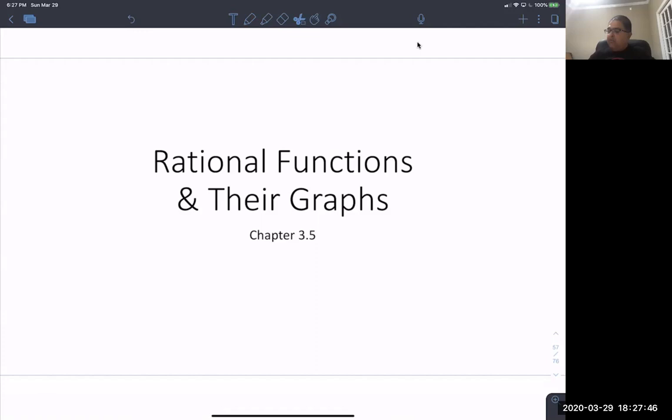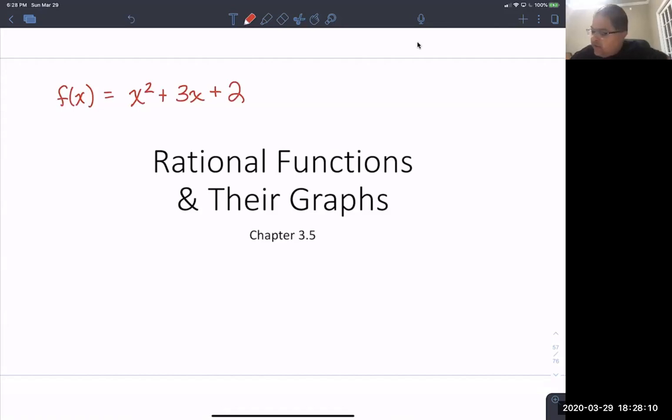So up to now, we've been dealing with functions that are polynomials in nature. So for example, let's talk about, say, x squared plus 3x plus 2. So we talked about how to graph it, how to find the end behavior, how to find the zeros, etc.